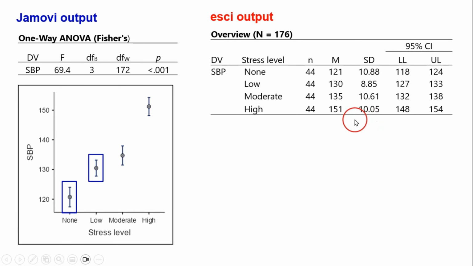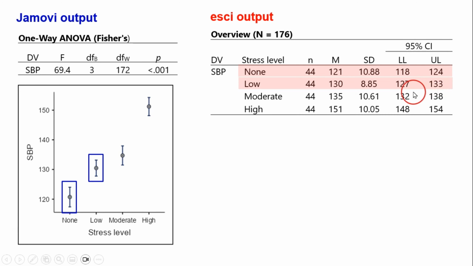So always remember that the means and standard deviations go together to give the reader the complete information. So what we're going to look at is those first two right there, the none versus the low. So let's take a quick look at that. You see that the mean is 121 versus 130 for the low, about a 9 millimeter of mercury difference there on average. And then if you go over to the right and look at those confidence intervals, you can see that they do not overlap.